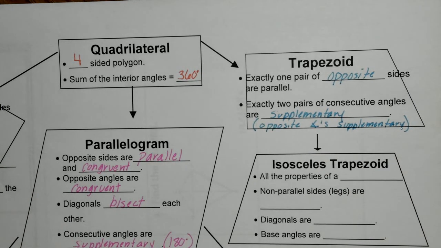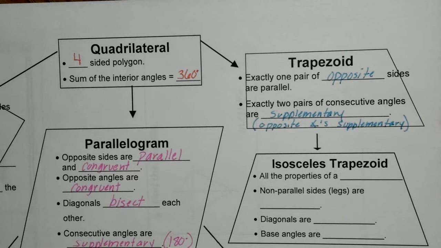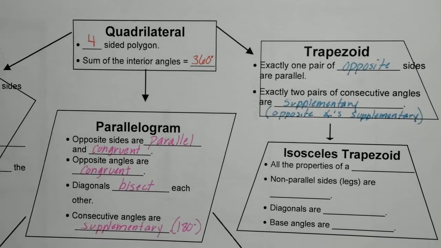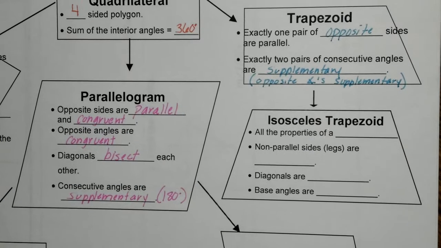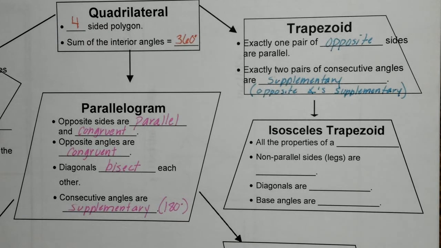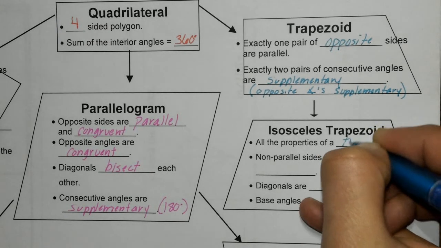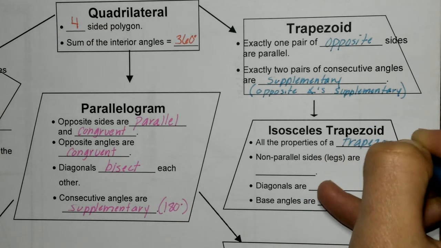At first I put consecutive, but I was like, you know what? I didn't make this flow chart, but I kind of like it saying the opposite angles are supplementary. It makes more sense. Next, your isosceles trapezoid. We're going to have all the properties of a regular trapezoid, what we just did.